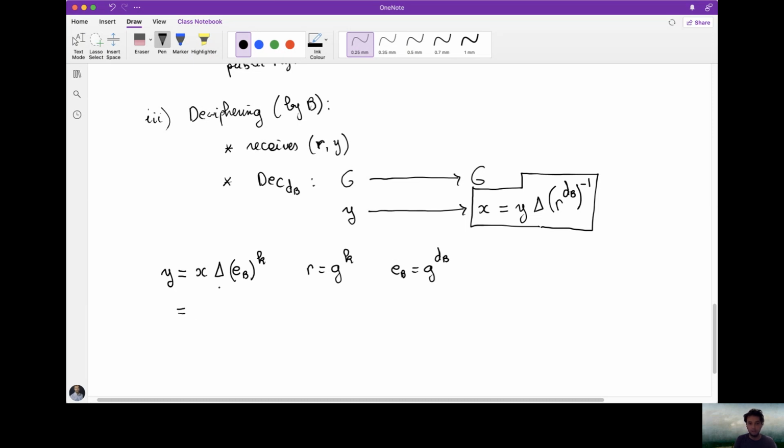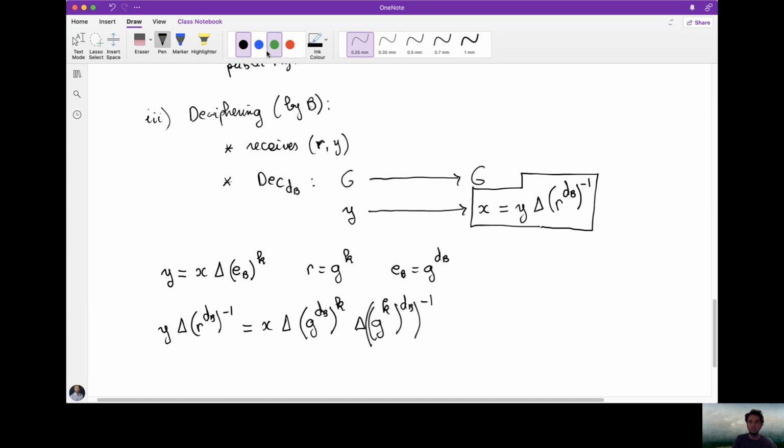then you'll see that this expression gives X. The expression that we just wanted to compute, Y composed with R to the power DB, all to the power minus 1, let's see what it gives. You just plug in X composed with EB, which I replace by G to the power DB, the whole thing to the power K. And then I apply composed with R, but R is G to the power K, and the whole thing to the power DB, and then the whole thing to the power minus 1.